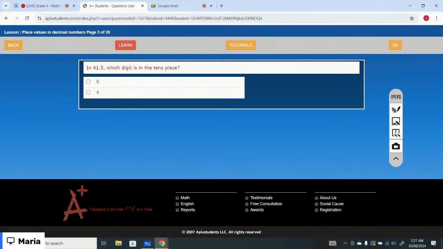In 41.5, which digit is in the tens place? So which is the correct option?